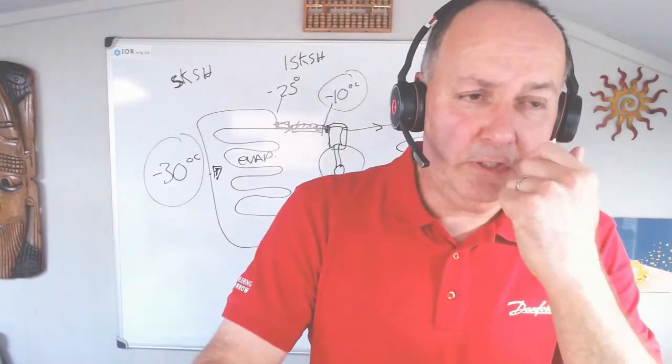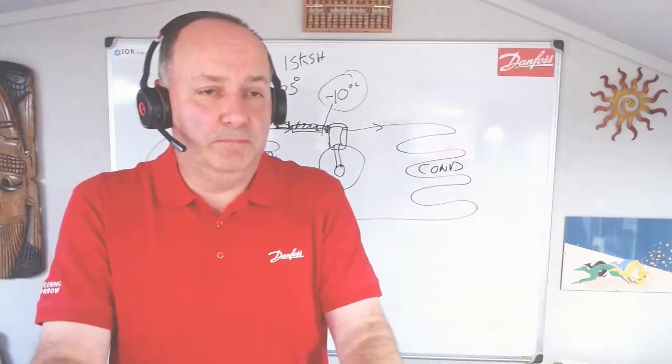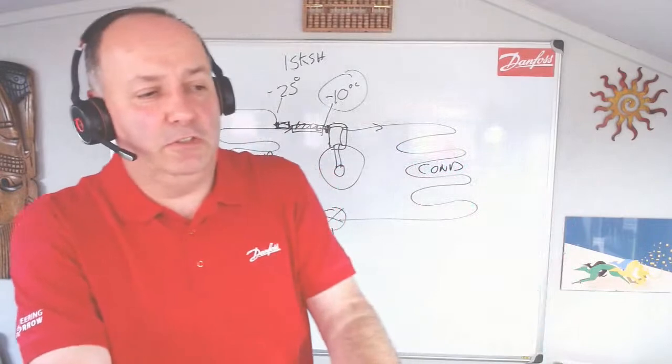Okay, how to balance a system if the evaporator is bigger than the condenser compressor capacity? Easiest way really is to get your correct evaporating temperature, which is basically what you want in your evaporator. So basically just fit an evaporator pressure regulator valve that throttles down the amount of suction gas leaving that evaporator.